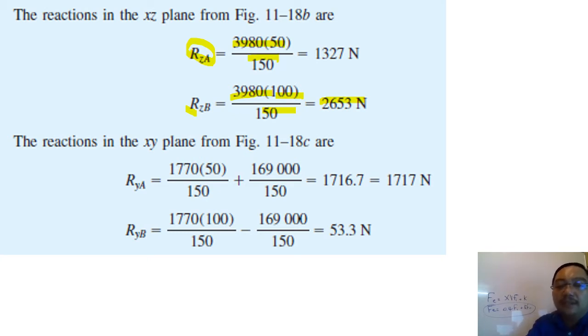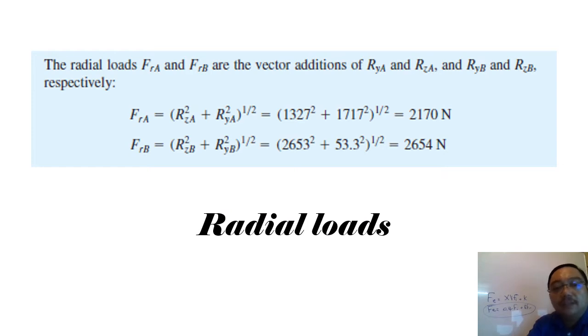So the reactions from the xy plane in figure 11.18 are these. You put the values here, and you get 1717 Newton and 53 Newton. Then for the radial loads, the vector addition of RY and RZ respectively, this is the radial load for A, and this is the radial load for B. Are you familiar with this equation?